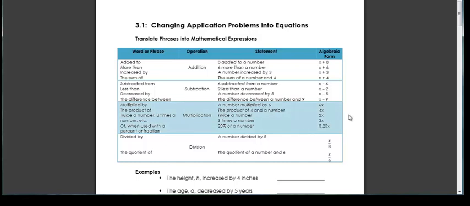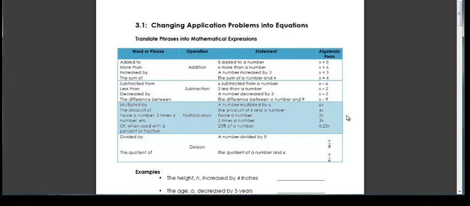The third section of this table is all about multiplication. These are going to be words or phrases like multiplied by, the product of, twice a number, 3 times a number, or 4 times a number, etc. Or of when used with a percent or fraction. Some example statements: a number multiplied by 6 is going to be 6x.